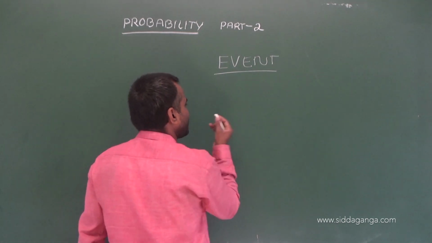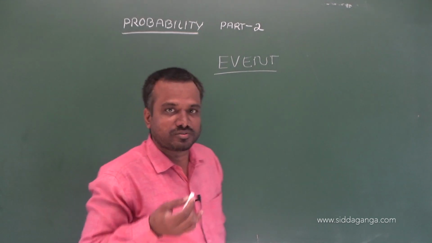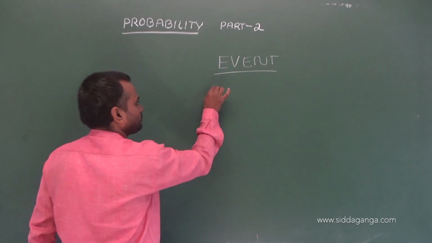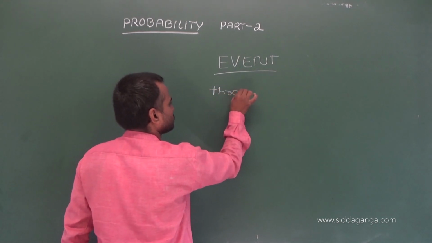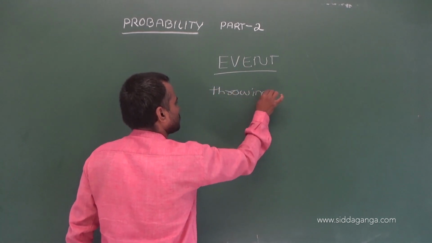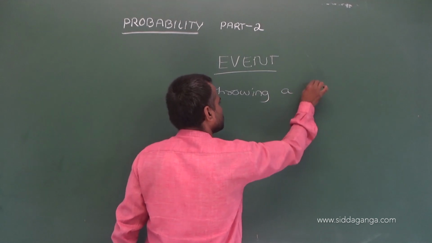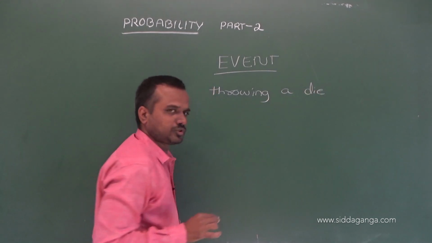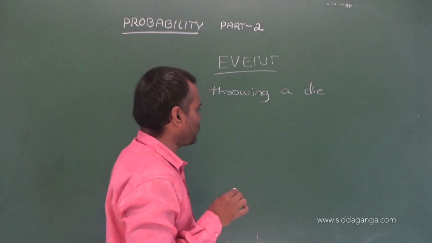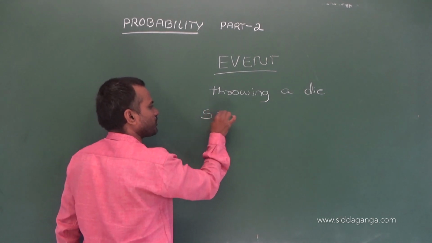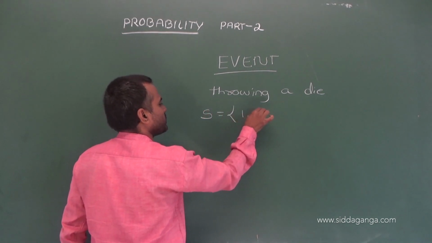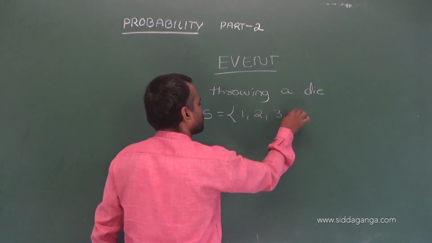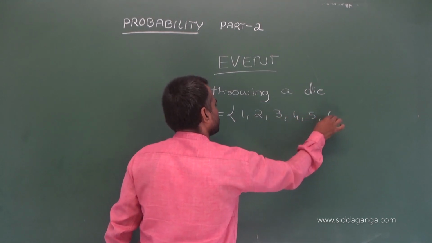So I write the sample space of throwing a die. Throwing a die. So I want to write the sample space. The sample space are total number of outcomes 1, 2, 3, 4, 5, 6.